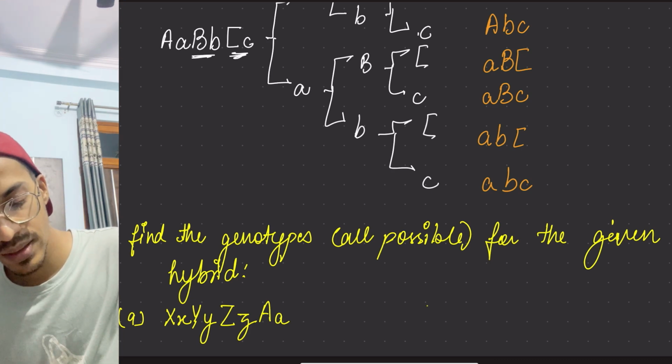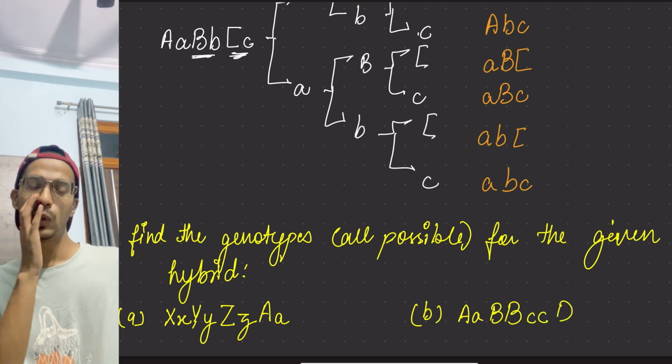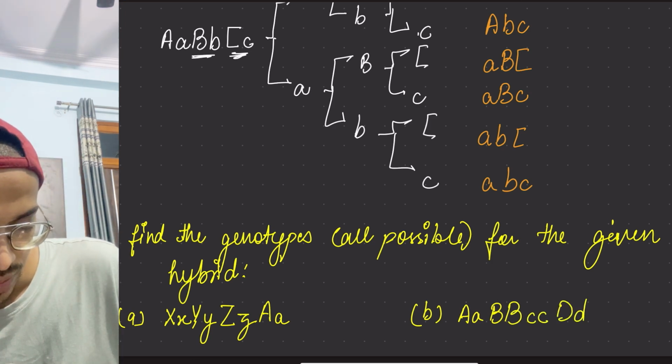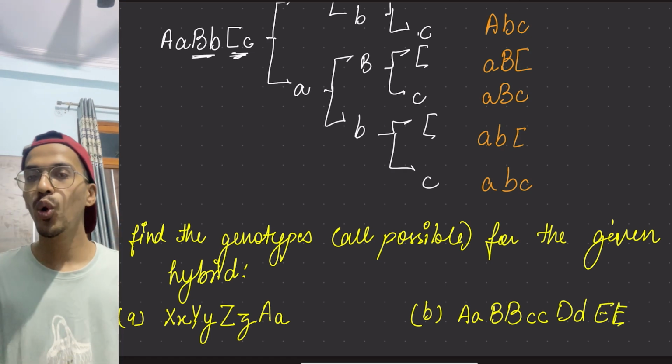And the second one is A, A, B, B, C, C, D, D, or E, E. So this is your homework for today.